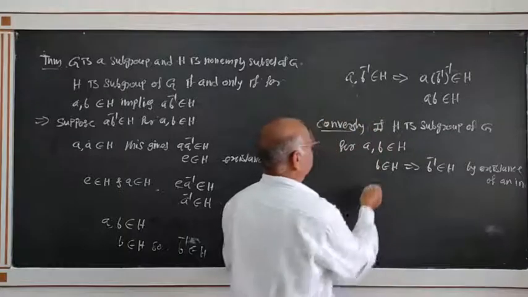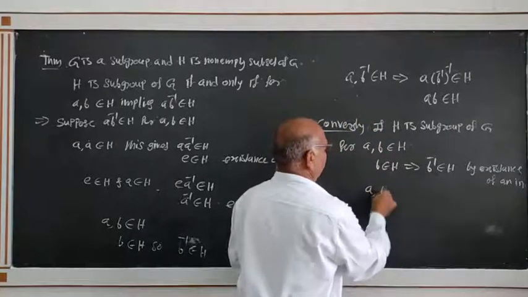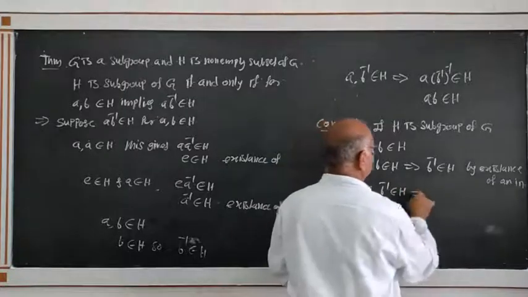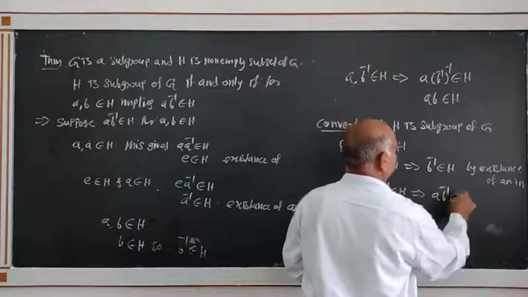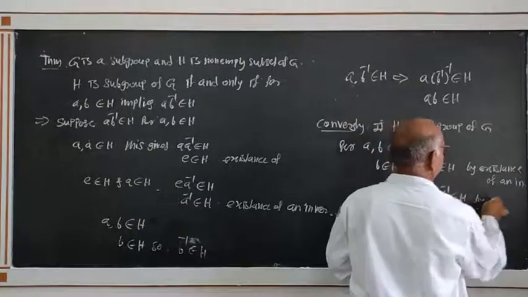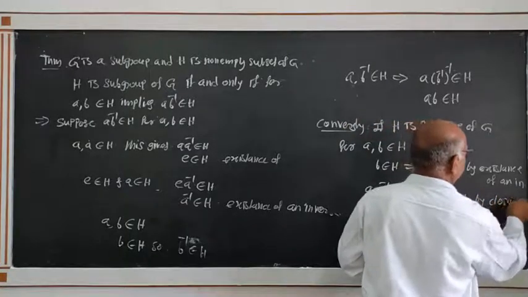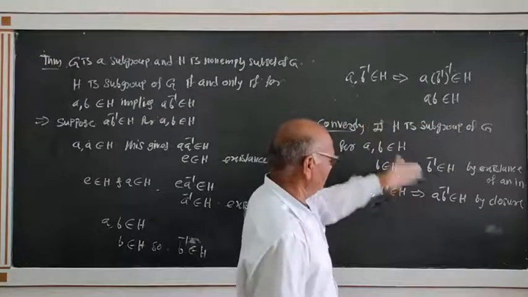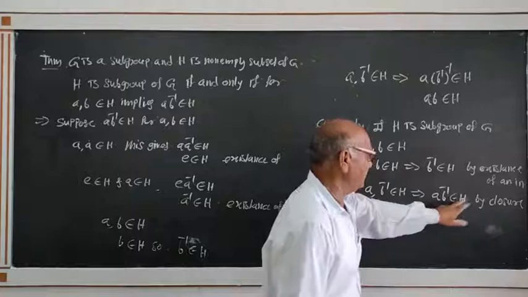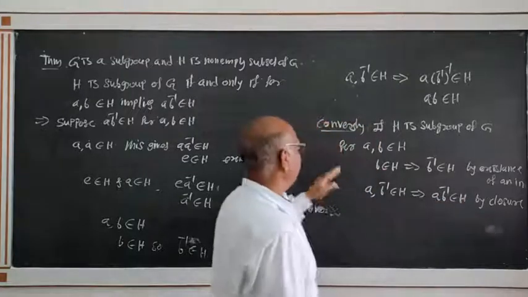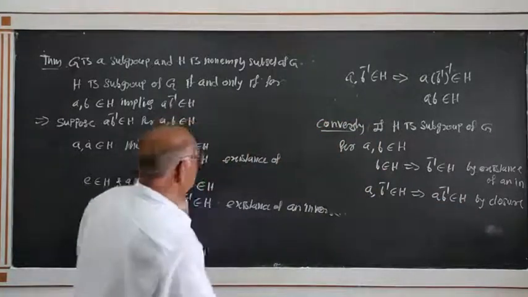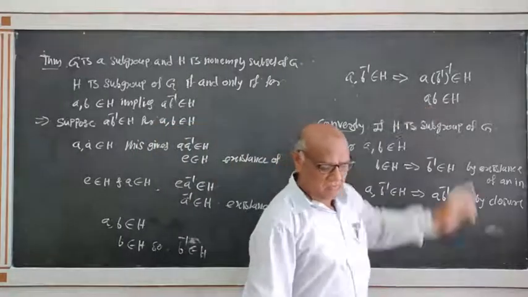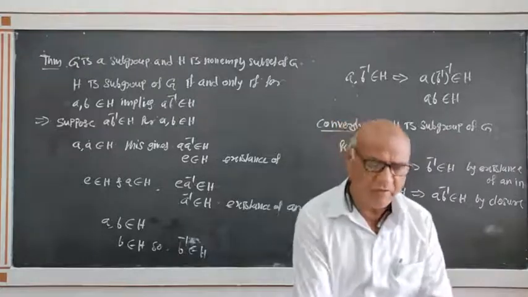And here by closure, a, b inverse belongs to H. This implies a b inverse belongs to H by closure property. That means if H is a subgroup, then a b inverse belongs to H by closure property, and if a b inverse belongs to H, then H is a subgroup of G. Okay, we will stop here.